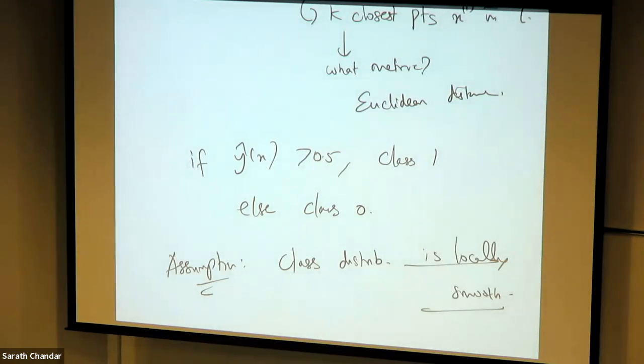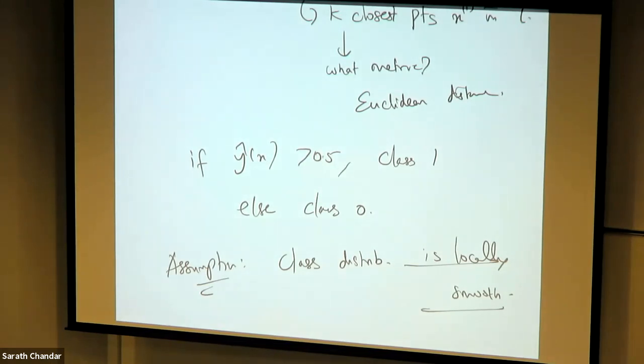Can someone tell me what the parameters and hyperparameters of this algorithm are? Any algorithm should have hyperparameters and parameters, right? Somebody says K in Zoom, but is it a parameter or a hyperparameter?